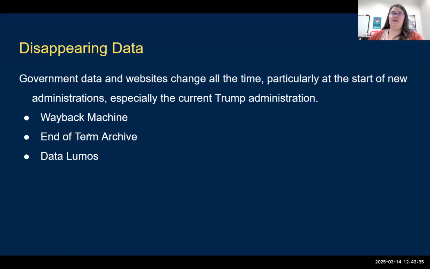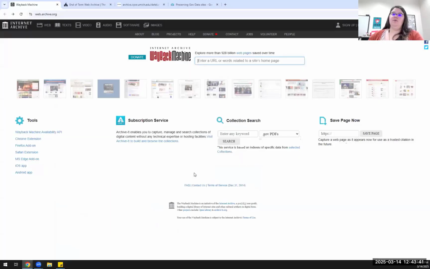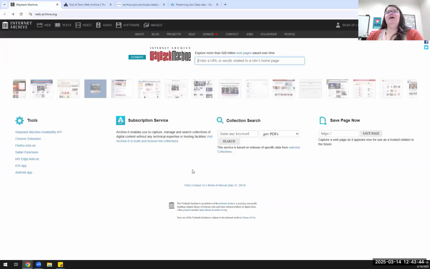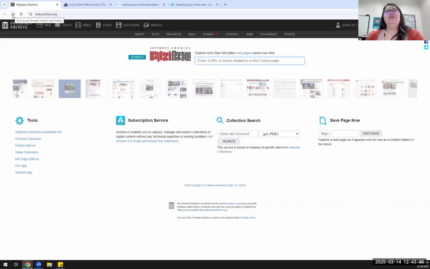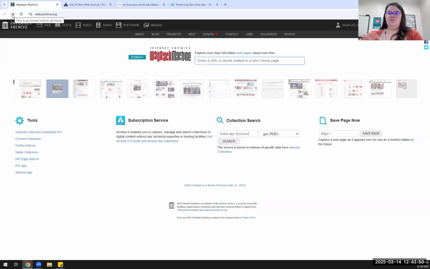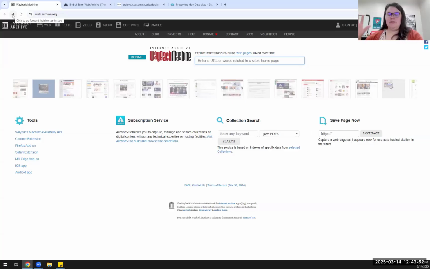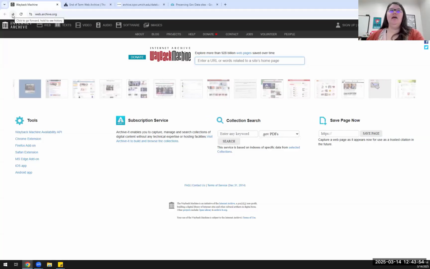Okay. So one way to do this is using the Internet Archive's Wayback Machine. I did a search just a minute ago because I was looking at a report on a government site that talks about how many inspector general seats are absent, right?